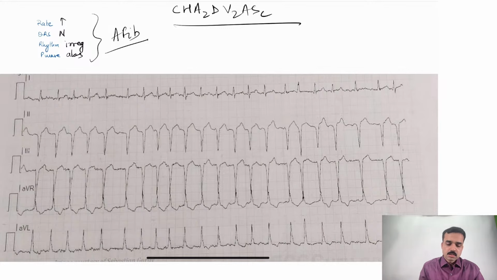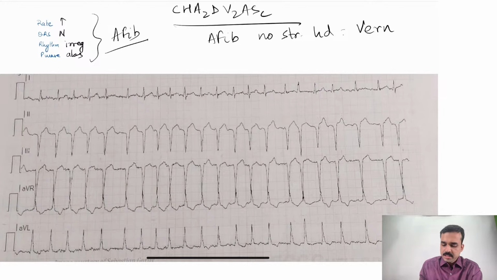And then you can decide on the kind of antiarrhythmics you are giving. If the patient is hemodynamically stable and has atrial fibrillation without structural heart disease, then you can go for drugs like vernakalant.